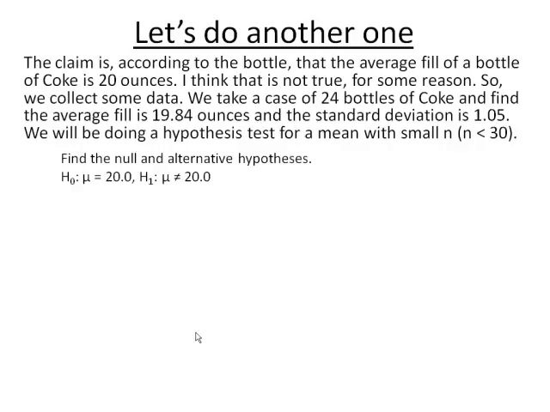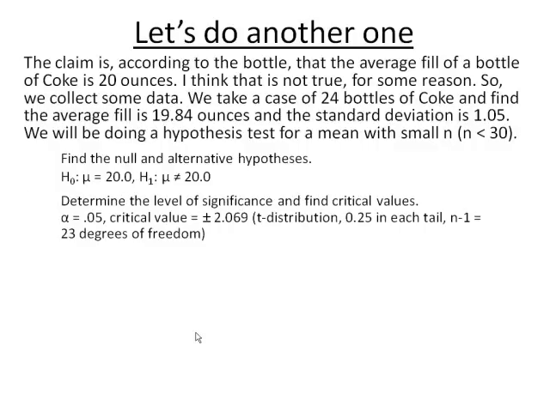Again, we'll find our null and alternative hypotheses. Mu equals 20, or mu not equal to 20 is our alternative. Again, noting the null always has the equal, the alternative has an inequality: less than, greater than, not equal to.